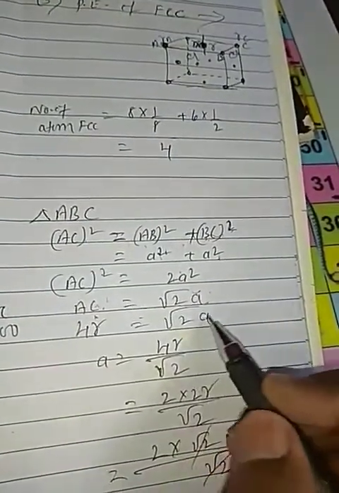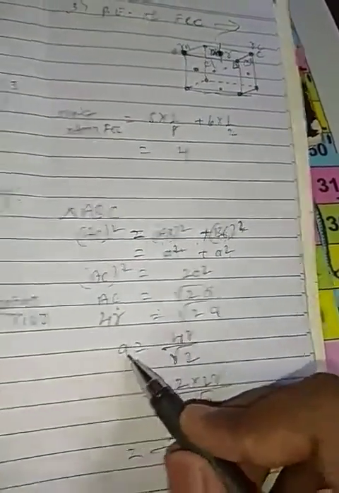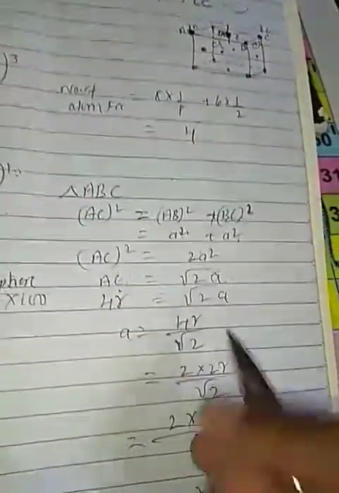AC 4R is equal to root 2 A. A is taken outside, that is, A is the edge length.